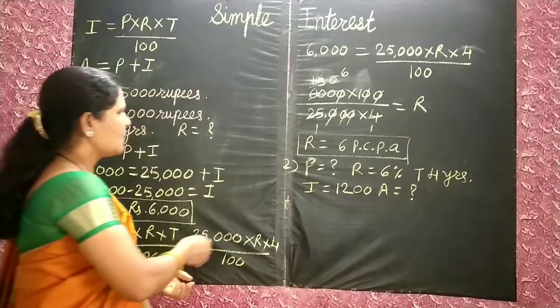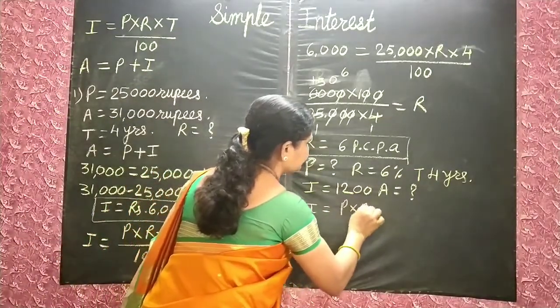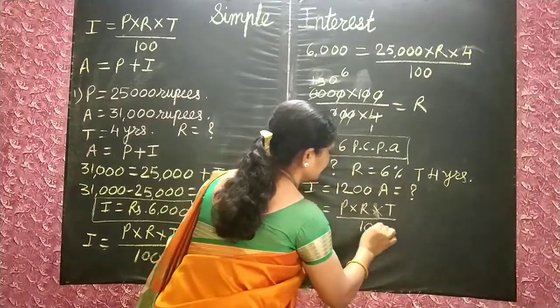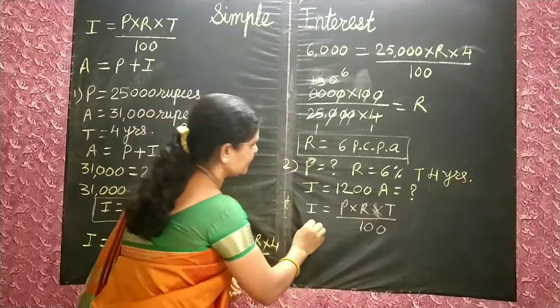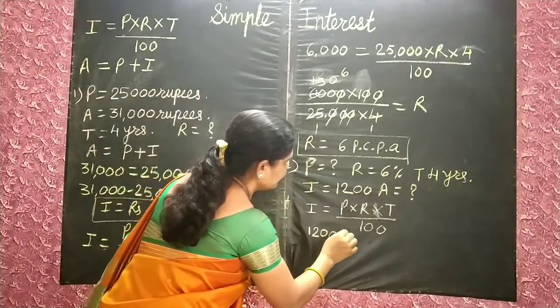So first we'll find the principal, P is equal to I multiplied by 100 upon R multiplied by T. Now we put the values. Interest is given, 1200.